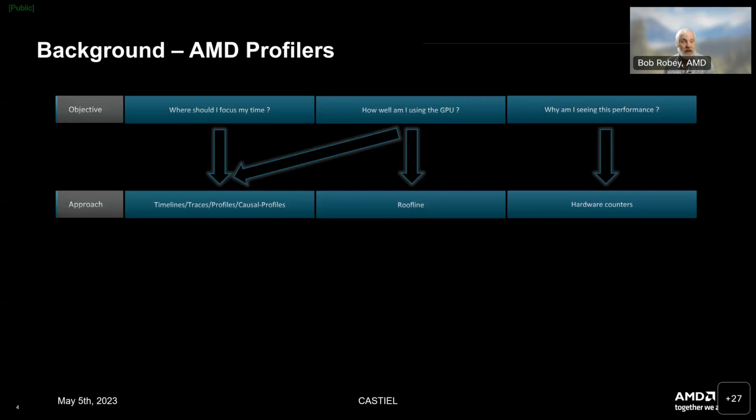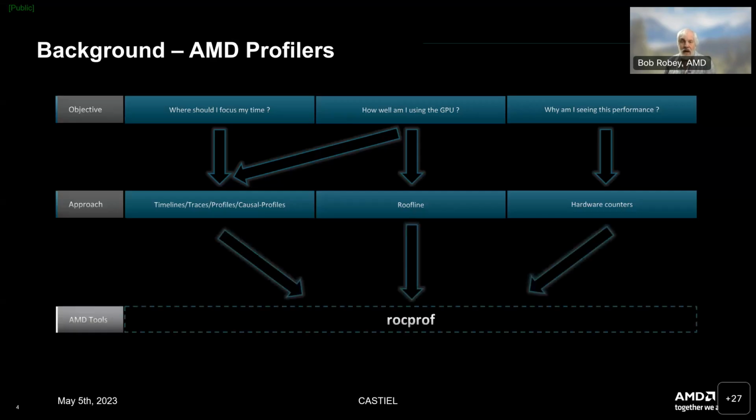The other may be how well you are using this GPU, and specifically, the unique characteristics of the AMD GPU. So you have different kinds of objectives when you use these tools, so your approaches are different because of that.